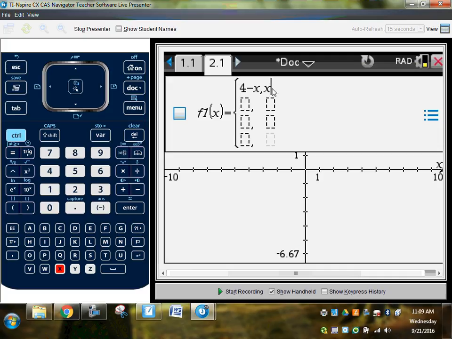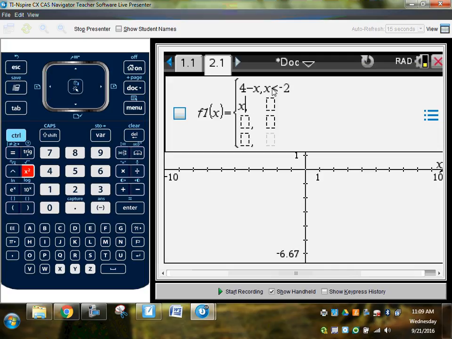Now, to get your symbols, an equal sign, you just hit the equal sign button. If you need other symbols, you hit Control equal sign, and then a whole mess of other symbols come up. So you pick the ones that work for you. So x is less than -2.